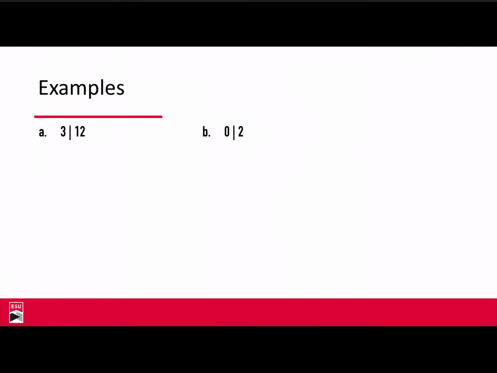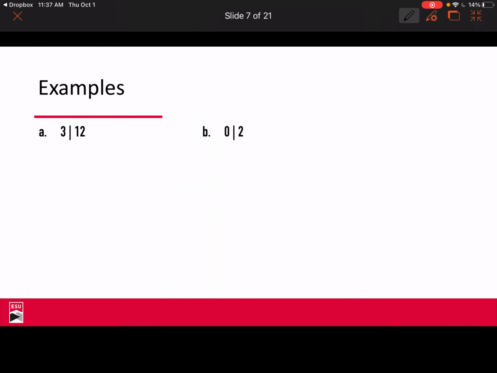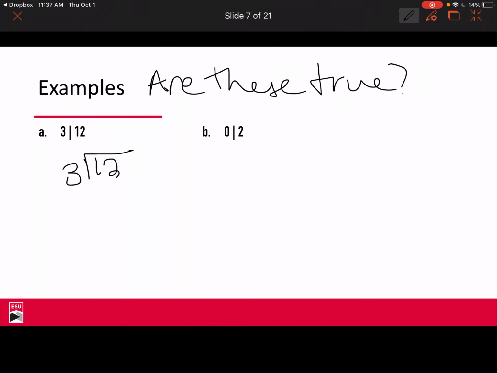So some examples. Are these true? Does 3 divide 12? Well, if it does, there should be no remainder. When we divide by 3, we get 4, remainder 0. And so that one is true.